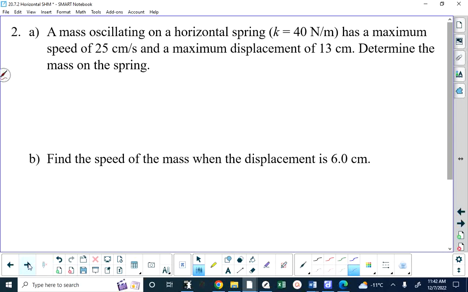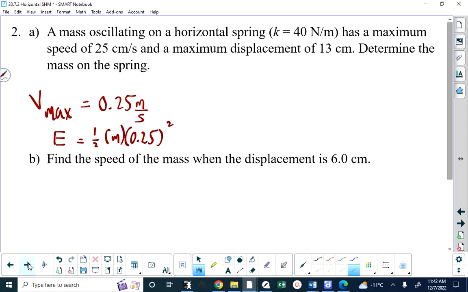If V max is 0.25 meters per second, if I calculate the kinetic energy with that, if I go EK equals 1/2 times the mass times this number squared, which I understand we can't do because I don't know the mass. That's not my point. If I did that, why would that number that I get be the total mechanical energy in the system?